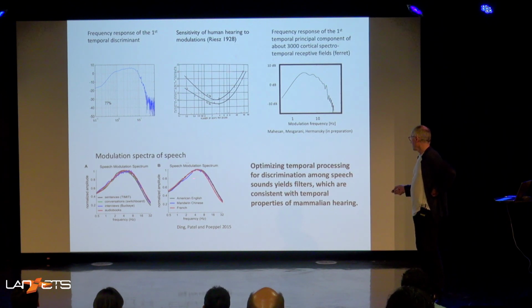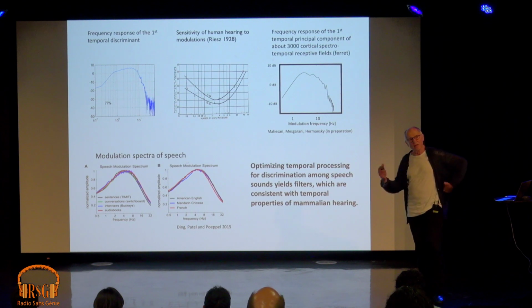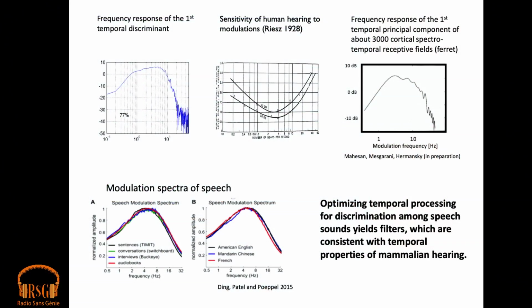For different languages, we have American English, Mandarin Chinese, French. Again, the peak is always around 4 hertz. It's somewhere around syllabic rate. But it's totally amazing how similar it is, if you look at a lot of data, audiobooks and a lot of data, measuring the dominant rate of change.